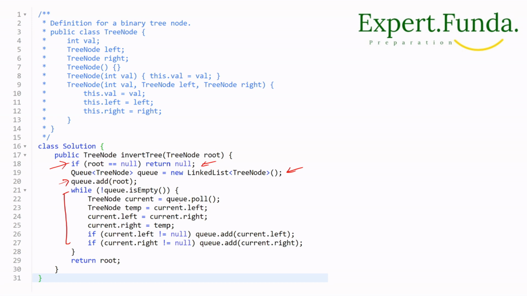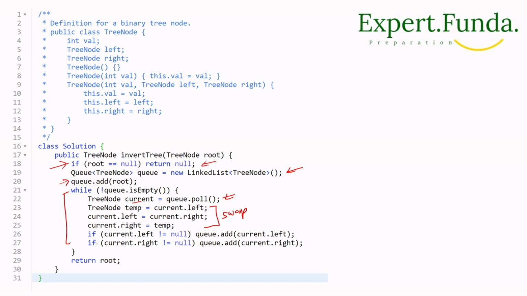First we will remove the root node from here, queue dot poll. We will remove one element that is called current. From the current we will do the swap. To do the swap, we will take one temp and store left in it. On the left we will put right, and on the right we will put the temp, that is the swap.